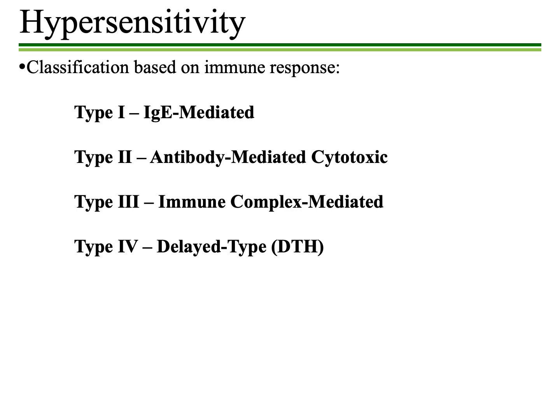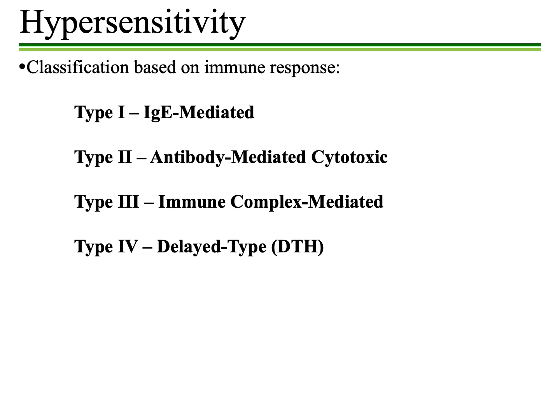Type 3 hypersensitivity is known as immune complex-mediated, and we will spend a little bit of time discussing type 3. It turns out that type 1, type 2, and type 3 all involve humoral responses, which means antibodies are involved in all 3 types of hypersensitivity, type 1, type 2, and type 3.